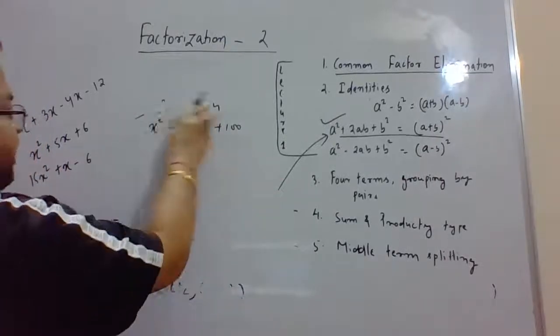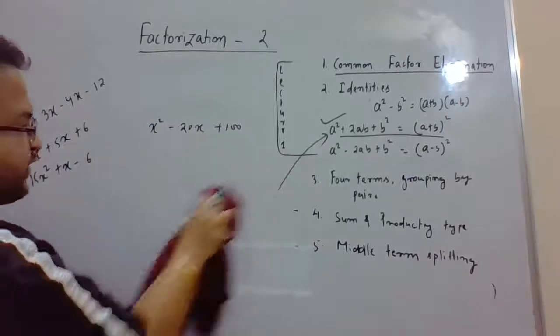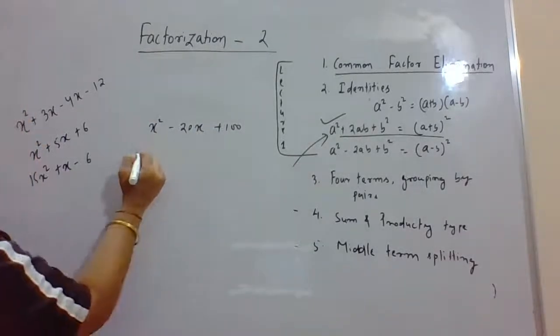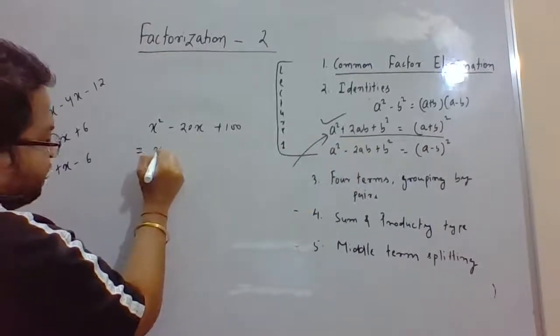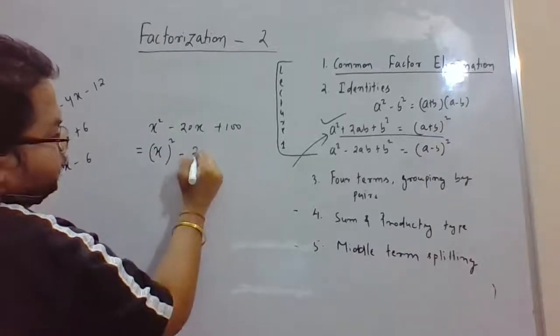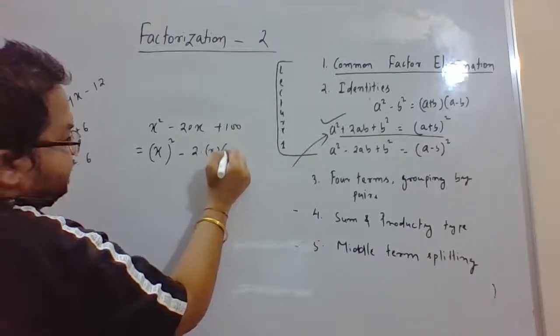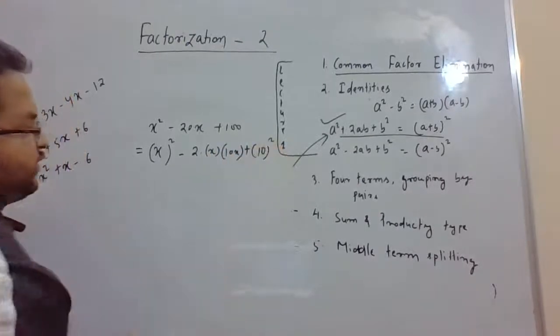So that is x squared minus 20x plus 100. So if you see, just a small change, the middle term is expressed in terms of minus 2ab. So the first term is square of x, minus 2 into x into 10, plus 10 square, right?